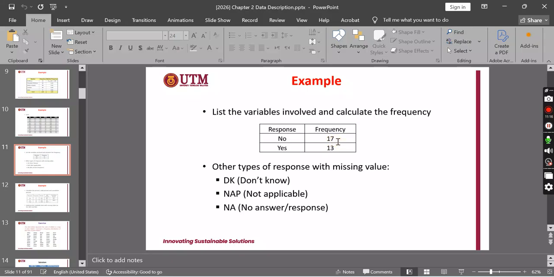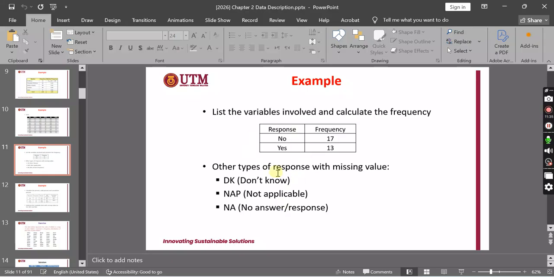Also, you can have other answers to the question, are you using net or not. It's not only yes or no; maybe sometimes don't know, not applicable, no answer, or no response.